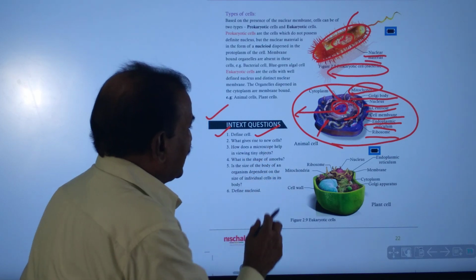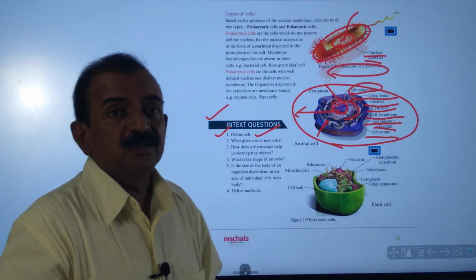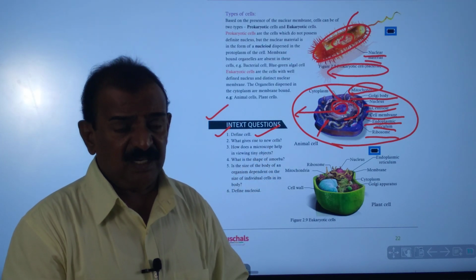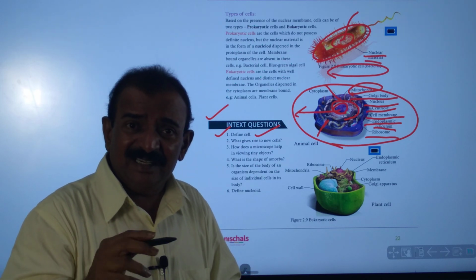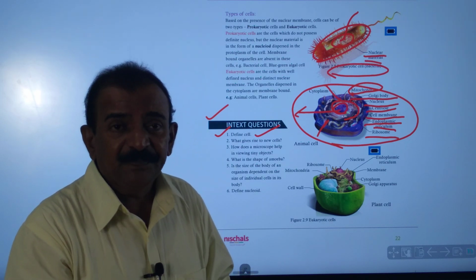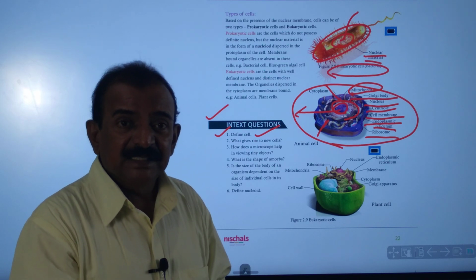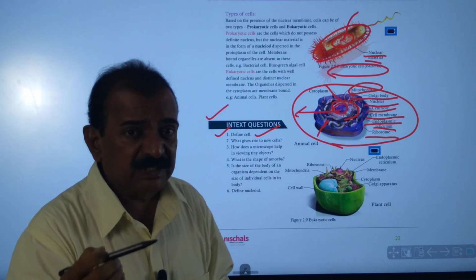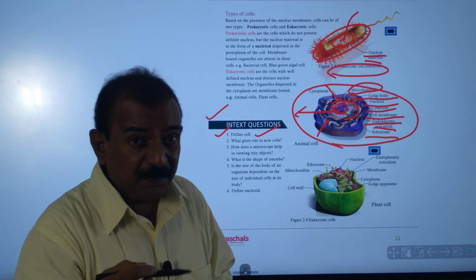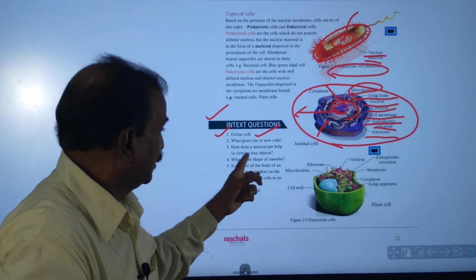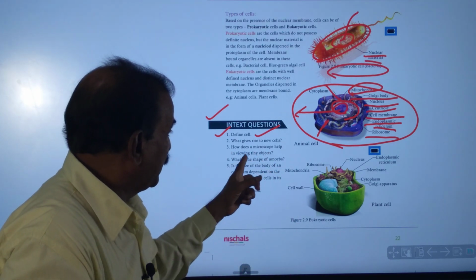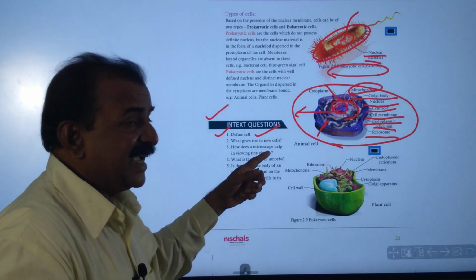And what gives rise to new cells? So cell theory was proposed by Schleiden and Schwann. According to that theory, new cells arise from pre-existing cells. So that is the answer you need to write. How does a microscope help in viewing tiny objects?